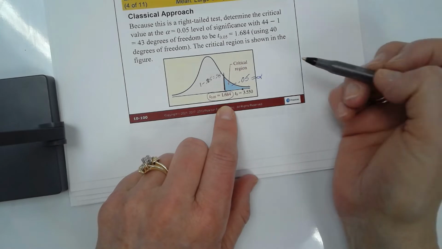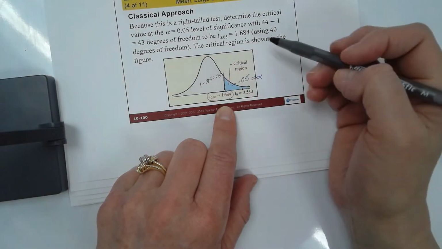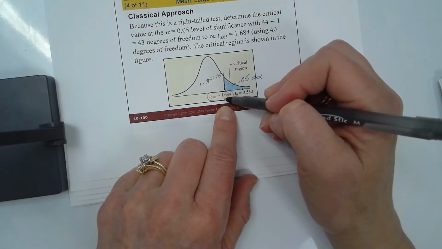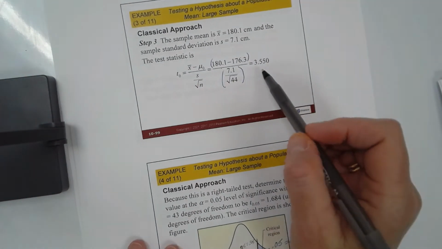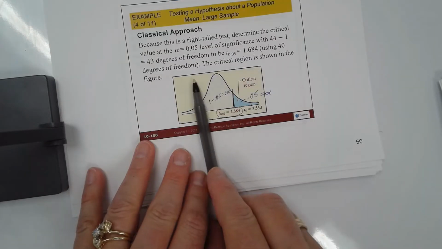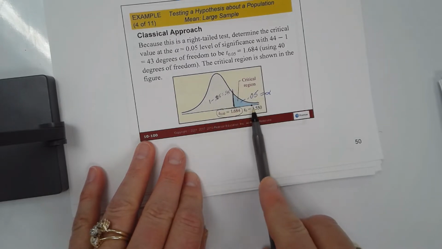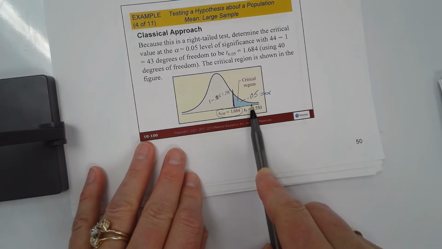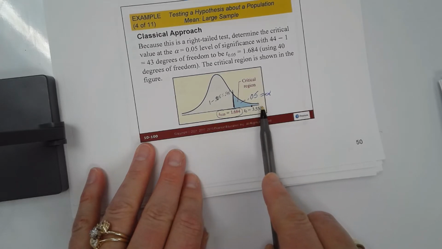Once you put your alpha on the graph and find your critical value, then take your test statistic that you found, 3.55, and put that on the graph. Remember, the mean is in the middle, positive values to the right, negative values to the left. So positive 3.55 lands right here, which is greater than my critical value of 1.684. It lands in the rejection region, or the critical region.